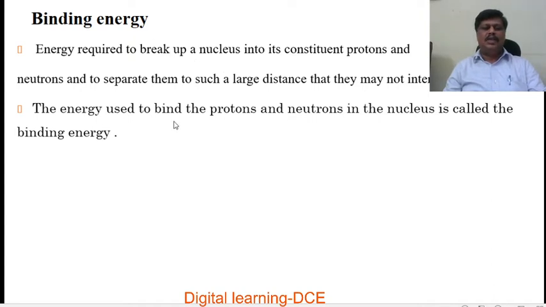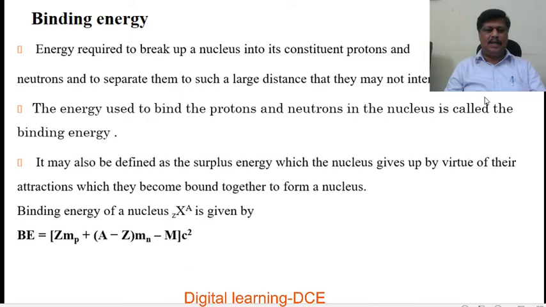The energy used to bind the protons and neutrons in the nucleus is called the binding energy. It is also the energy required to break up a nucleus into its constituent particles such as protons and neutrons and to separate them to such a large distance that they may not interact with each other.